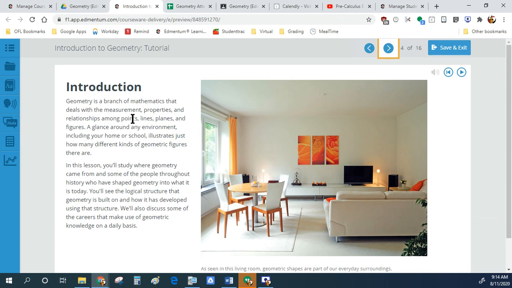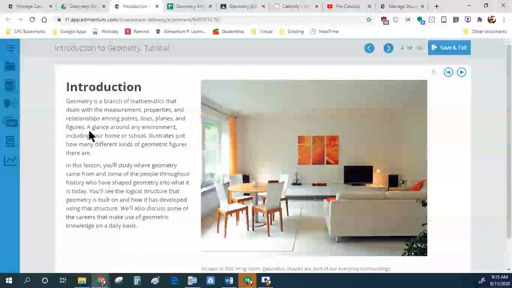So right now we're just going to talk about what geometry is. Geometry is the idea of relationships among points, lines, planes, and figures. It's basically what you think of when people ask, "What's the area of a circle?" Stuff like that. This introduction also gets into careers you can use it for.